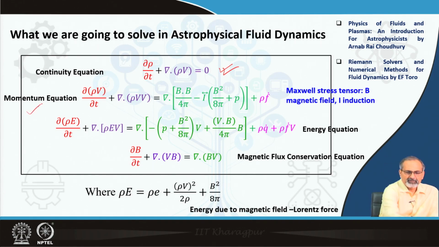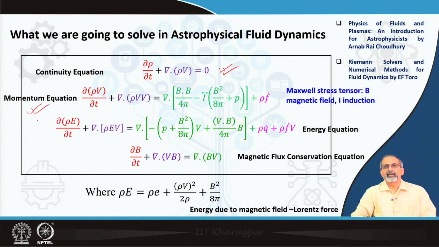The momentum equation, for example, would contain Maxwell's stress tensor, where B is the magnetic field, I is the induction, and similar terms are going to show up in the energy equation too. You will have a magnetic flux conservation equation, and when you look at the total energy, you would also have energy contributed by the magnetic field in the form of Lorentz forces.